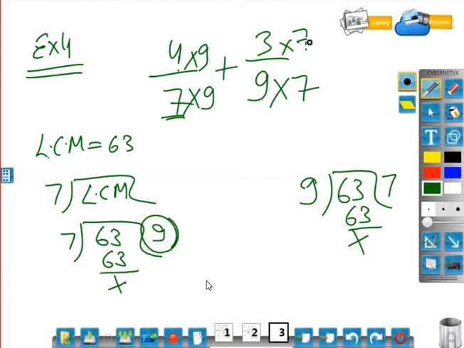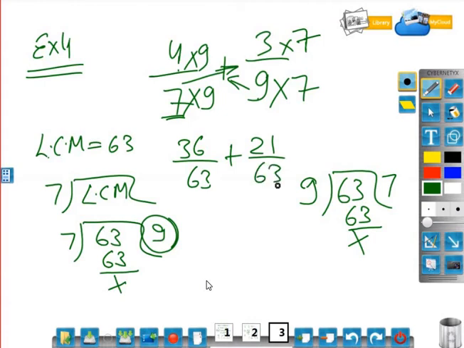Okay, so in co-prime there is no big deal. You can multiply this by 9 and this by 7. So after this, 36 upon 63 and 21 upon 63. By taking the LCM and making the denominators same, they have become like.